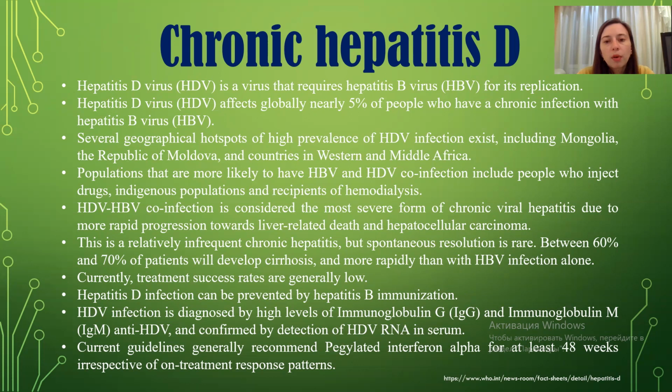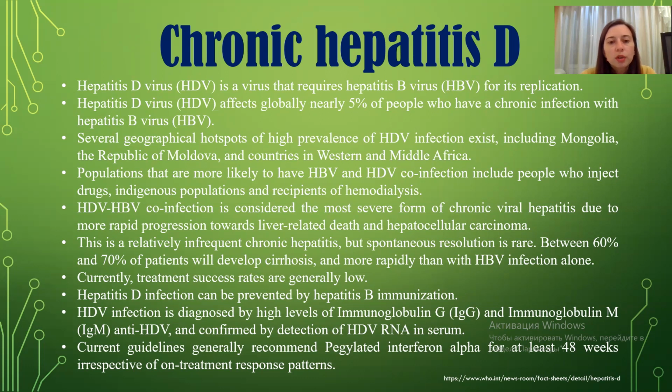hotspots of high prevalence of HDV infection exist, including Mongolia, the Republic of Moldova, and countries in Western and Middle Africa. Populations that are more likely to have HBV and HDV co-infection include people who inject drugs, indigenous populations, and recipients of hemodialysis.